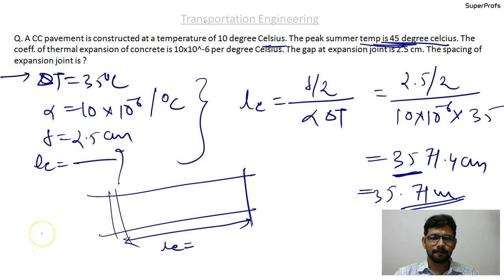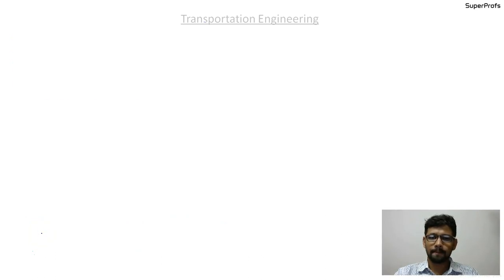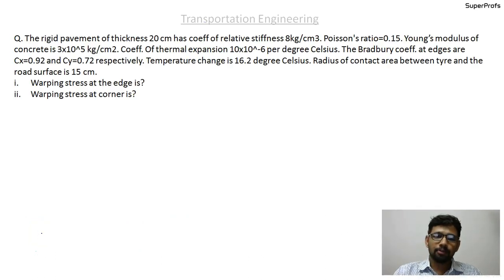This question. The rigid pavement of thickness 20 cm has coefficient of relative stiffness equal to 8 kg per centimeter cube. The Poisson's ratio is equal to 0.15. Young's modulus of concrete is 3 into 10 to the power 5 kg per centimeter square. Coefficient of thermal expansion is 10 into 10 to the power minus 6 per degree Celsius.